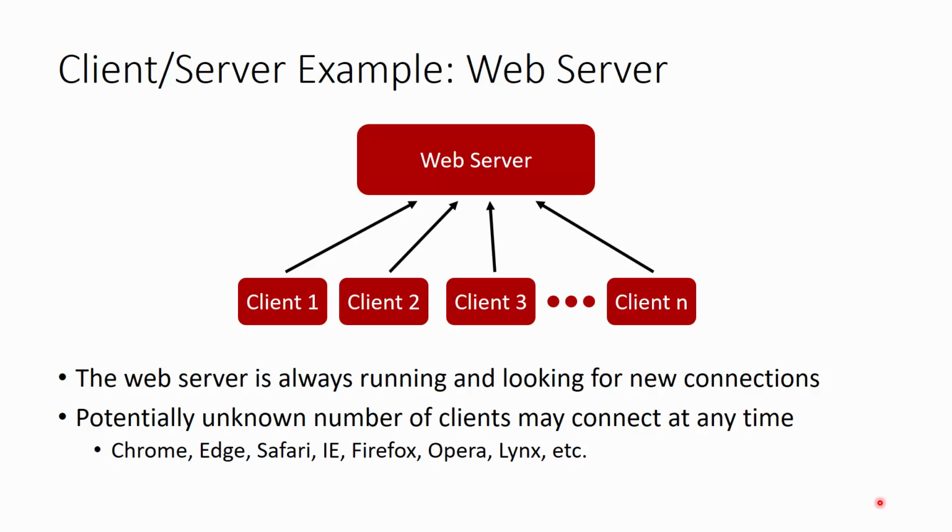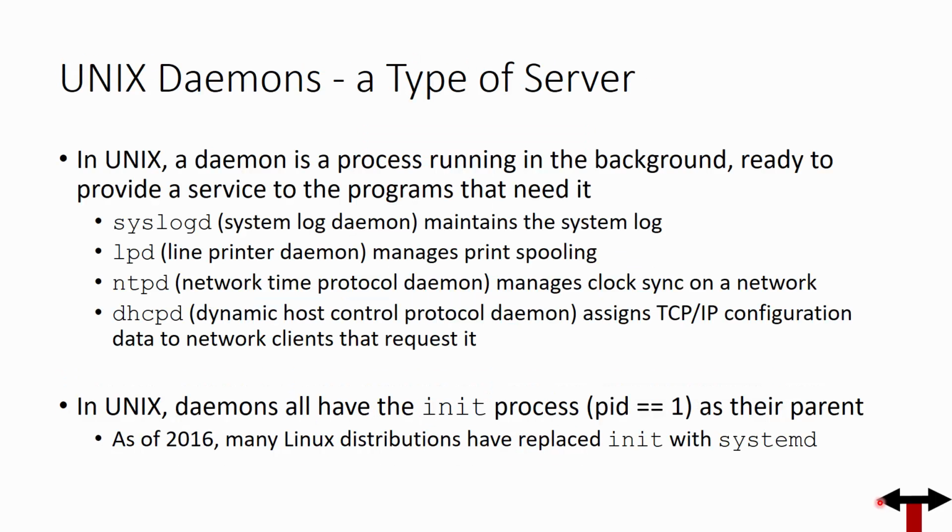The web server is always looking for new connections, new requests for the web files that are stored on it. And the web server doesn't know how many clients are going to connect. It doesn't know how many clients are going to connect at any one time. They could be of lots of different browser types, so Chrome or Edge or even Lynx, the old school all command line, all text-based web browser, Lynx.